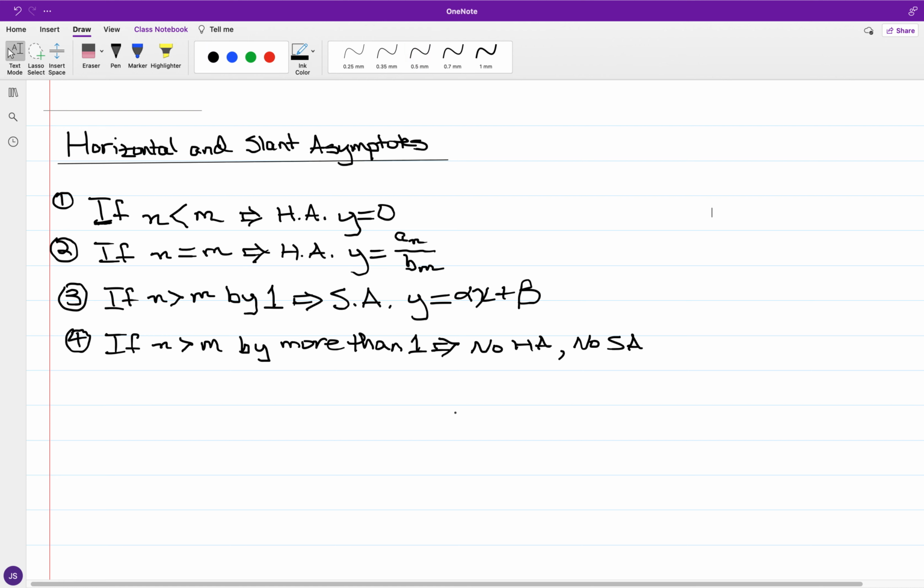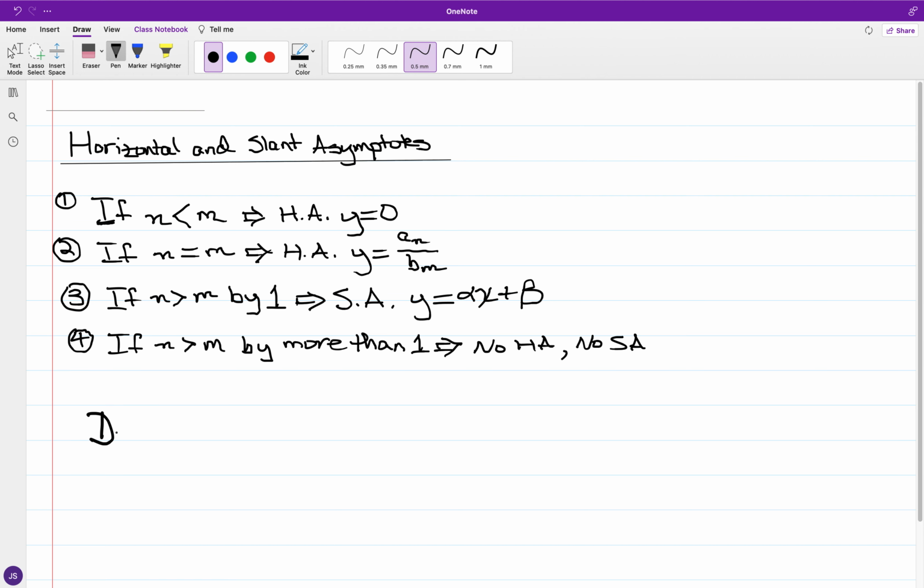And just blending together what we have had with domain and vertical asymptotes. Let's say that the slant asymptote is going to be in slope-intercept form, and we might have a slant asymptote. Let's say we're looking at determining the domain and asymptotes.